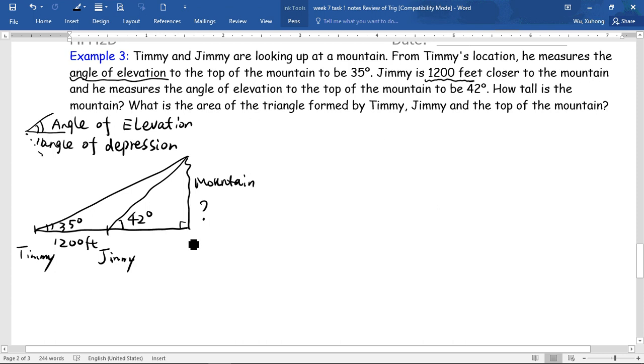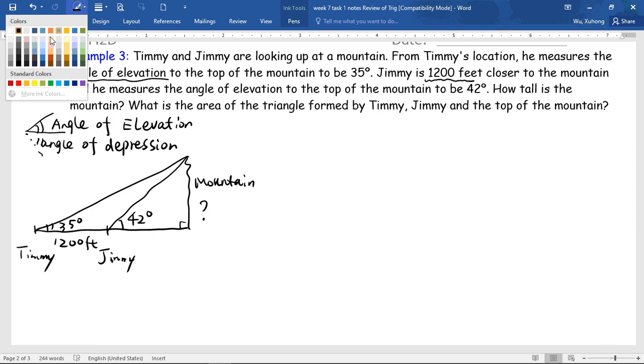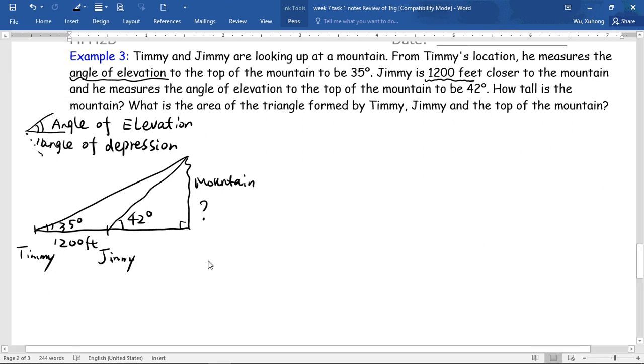If you have 3 triangles, then we know that we need to find the common side. This is the only side given, so we need to use this triangle. We start with the triangle with more information, so this is the triangle we want to start with.